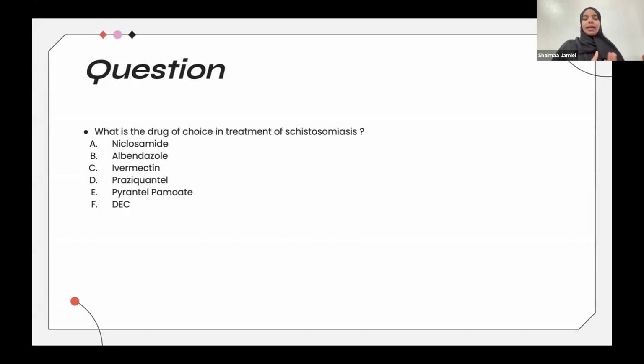Ascaris, okay. And ivermectin, we said, is for onchocerca, praziquantel for schistosoma, pyrantel pamoate for hookworm. Yes, Enterobius vermicularis, the pinworm.